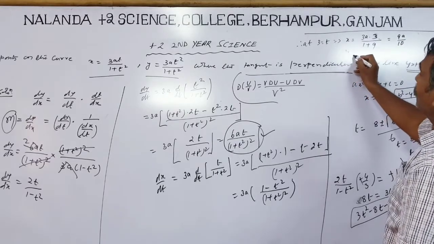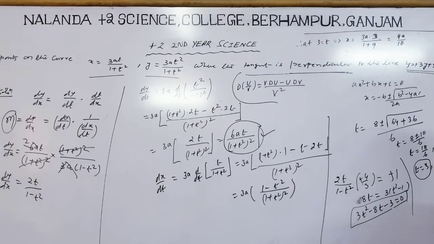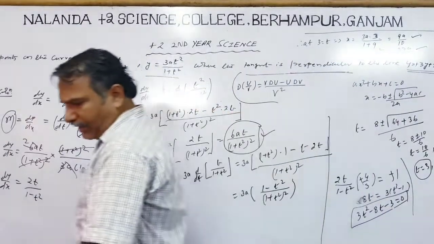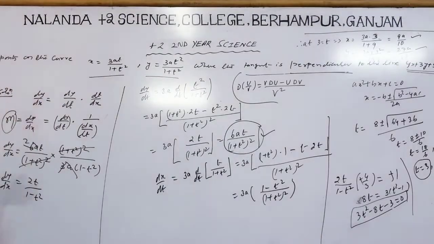Similarly y equals 3at², 3² by 1 plus 9, so 27a by 10. This is x and y. Similarly, at t equal to minus 1 by 3, find the other point. Now this is an example, another example.